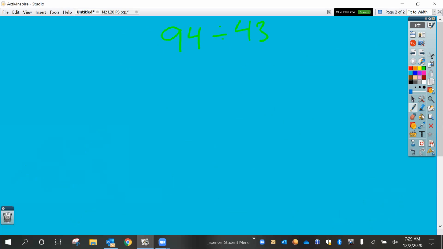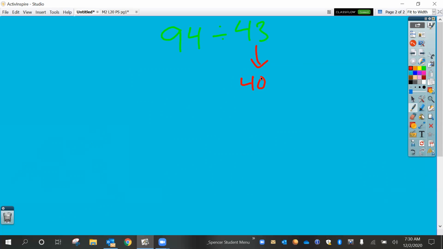First step, let's estimate to try to help us figure out where to start. Let's round our divisor. Which one's the divisor, the first or second number? Yeah, 43 is our divisor. So we're going to round that to 40. If we count by 4s, 4, 8, 12.